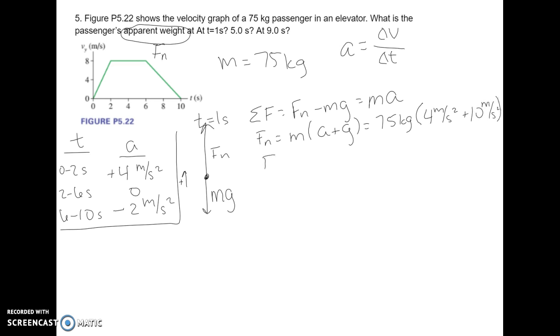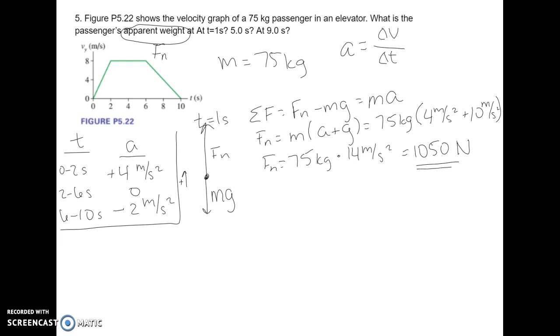So essentially our normal force, our apparent weight, is going to be 75 kilograms multiplied by 14 meters per second squared. 75 times 14 gives us 1,050 newtons. That is our apparent weight at the time equals 1 second.